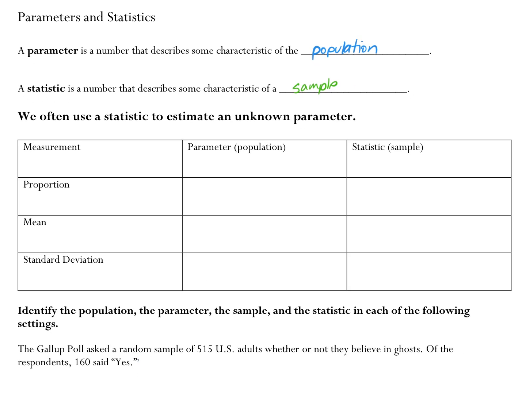A parameter is some sort of unknown constant. When I said there's only 1% red in here, there's only one percentage that describes what percent of the entire bin is red. Whereas the statistic is a known variable.